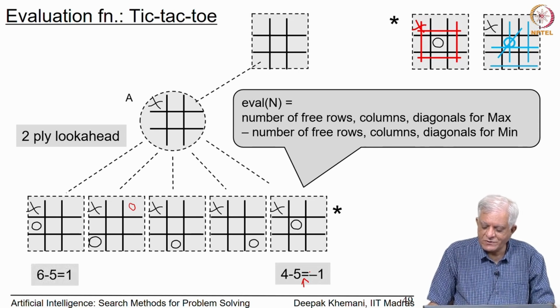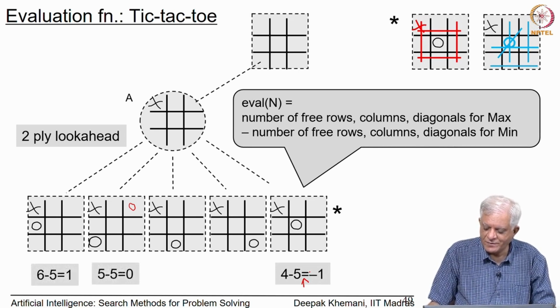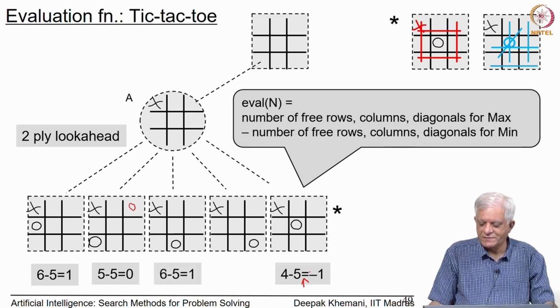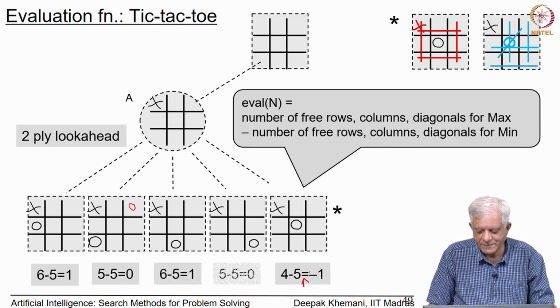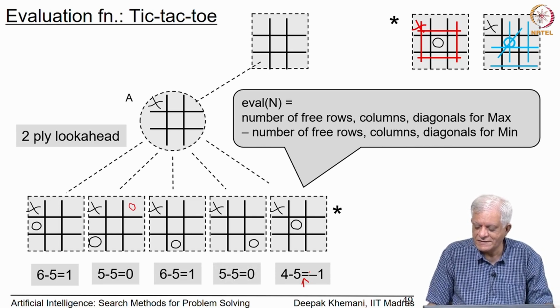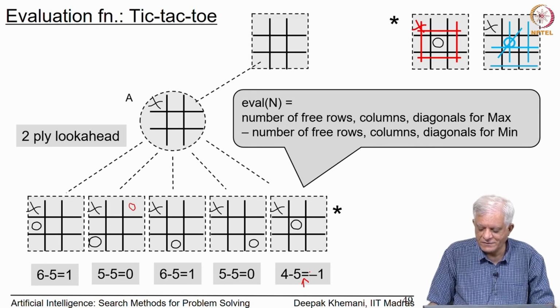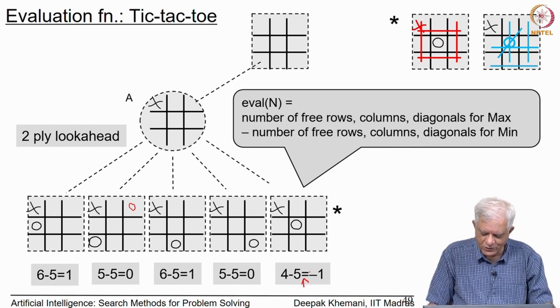For max, we have shown in red that there are 4 possible rows, columns or diagonals available where max could possibly win a game, but for min we have 5 of them. Those 5 green lines that you see on the right represent the 5 possibilities for min. So, the evaluation function for max for this node evaluates to 4 minus 5, which is minus 1 essentially.